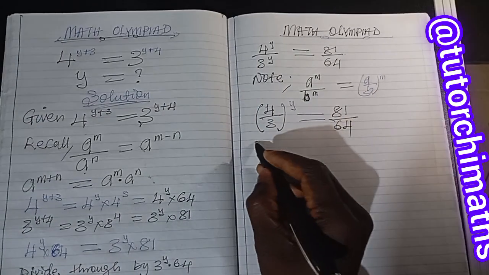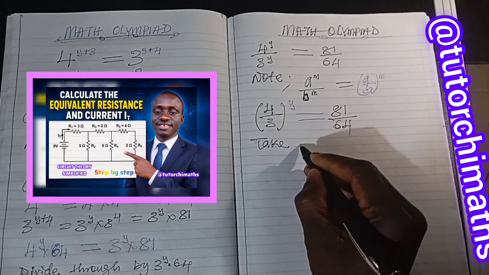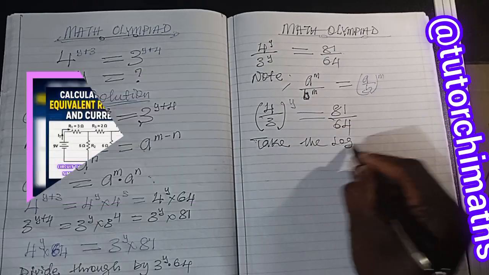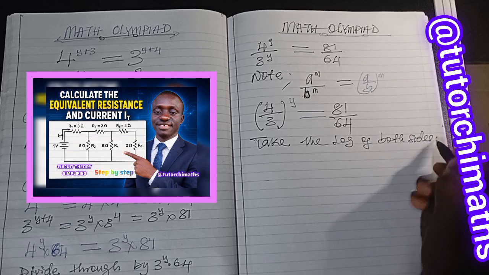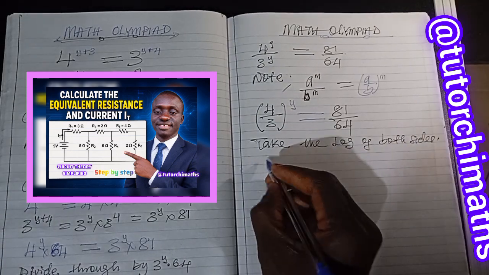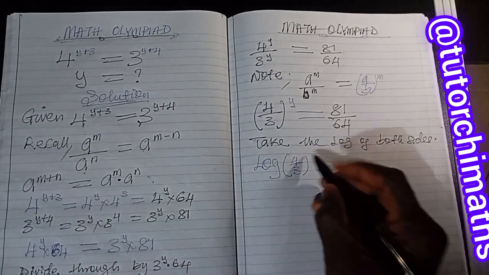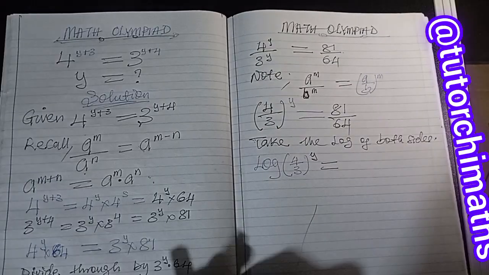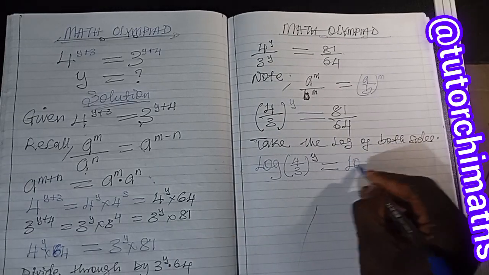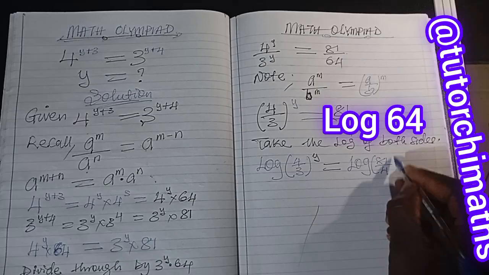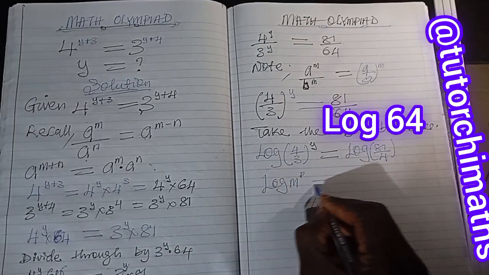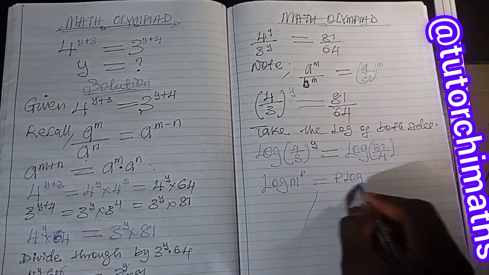Next step. Take the logarithm of both sides. Okay. I will have log of 4 over 3 all raised to power y is equal to log of 81 divided by 64. m raised to power p is same as p log m.